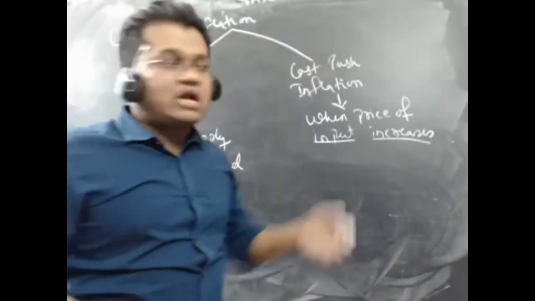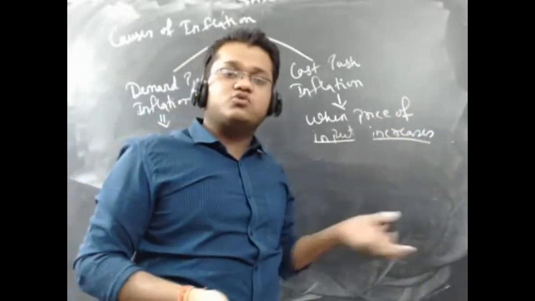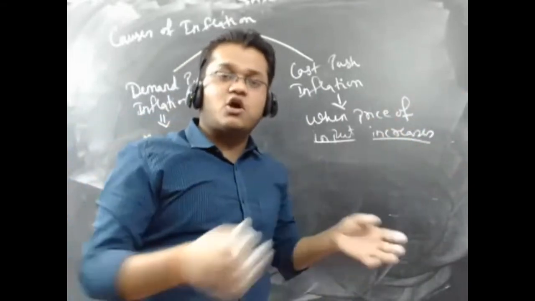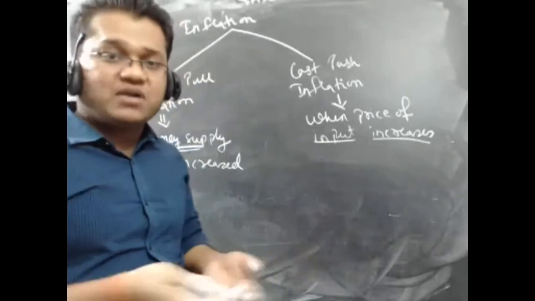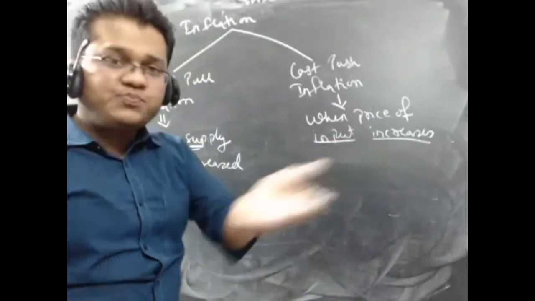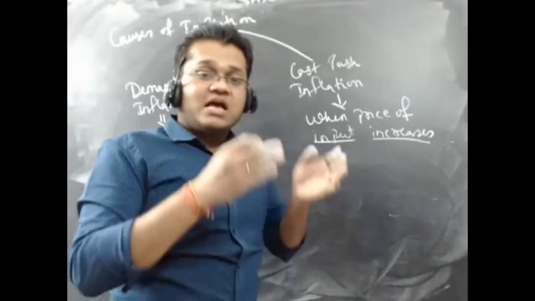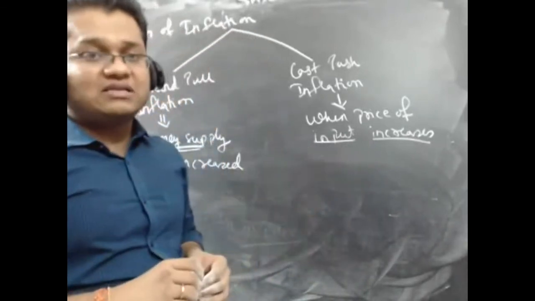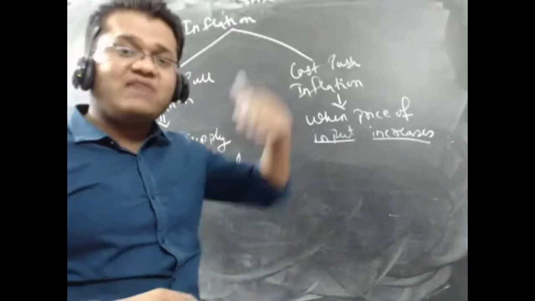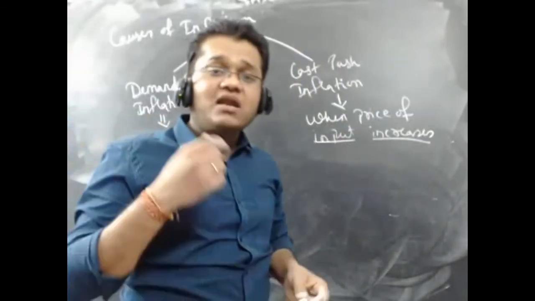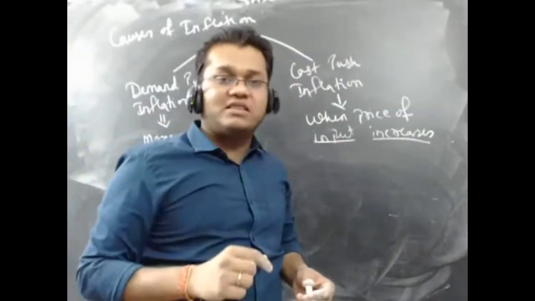Now I get confused. I go to the monetarist school of thought and tell this economist that here money supply is not doing anything. These people are charging me more, that's why I have to increase the price. Again their argument is, if these people have increased the price, how are you as a producer able to pay them?